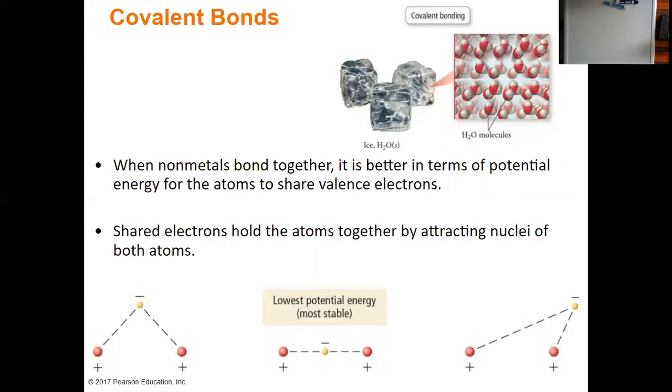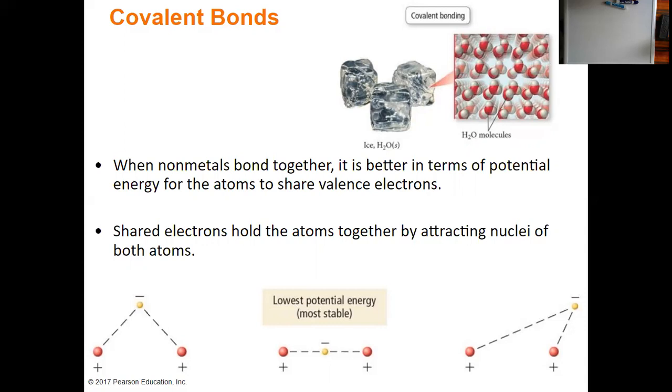When you have your nonmetals bound together, this is going to be a little bit different because we don't have a situation where we have one atom that wants to give up its electrons and another atom wanting to pick up electrons.